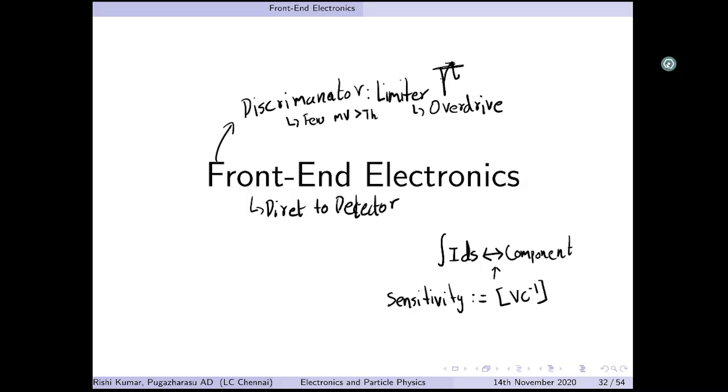And obviously there are different types of discriminators, and the most common ones are the leading edge, the double threshold, and the constant fraction one. Just to give a brief overview, the leading edge one is non-re-triggerable. It relies on the voltage that comes first, and it conditions the rest of the input as such.